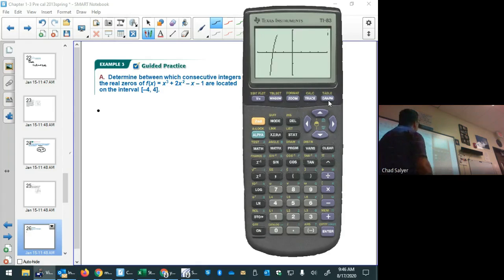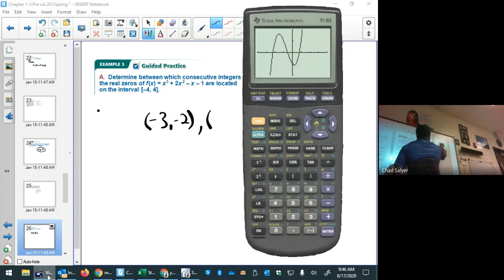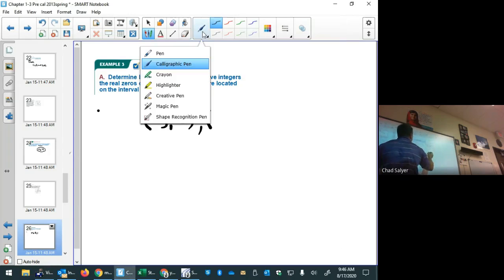I graph that. So I see between -3 and -2, there is a 0. Then between -2 and -1, and then -1 and 0.